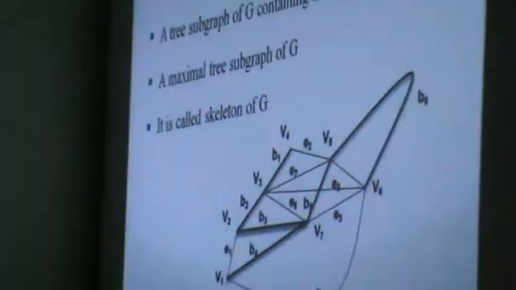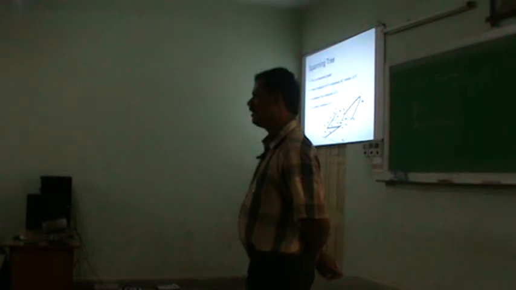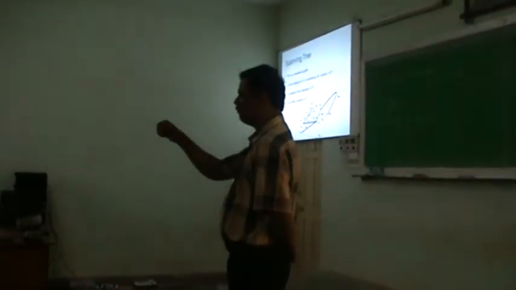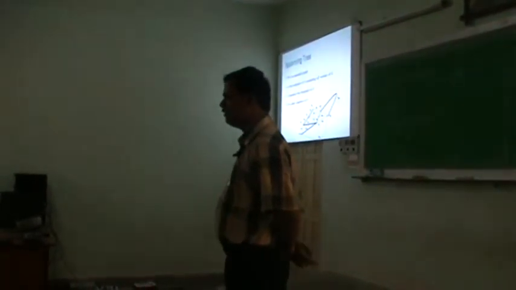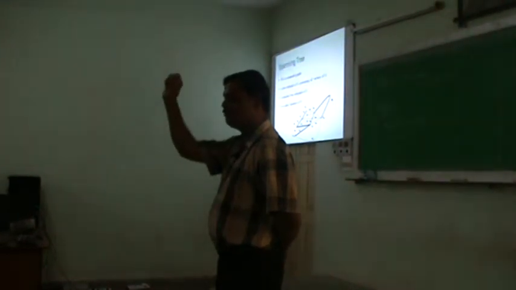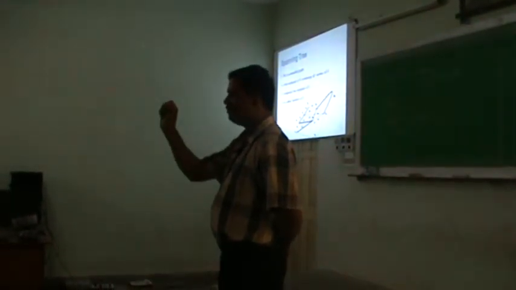And that spanning tree, more often, is called the skeleton of G. I just want you to write the skeleton of a human being. How do you write? You put a dot at the top, and then an edge coming down.